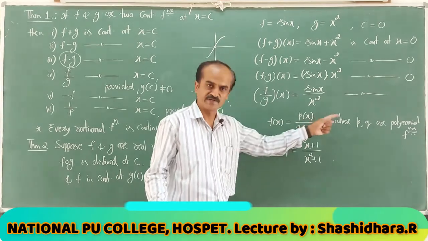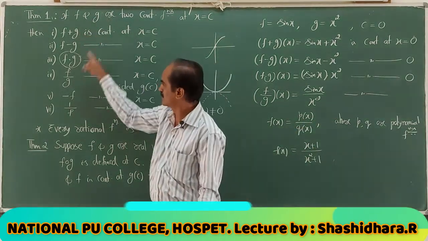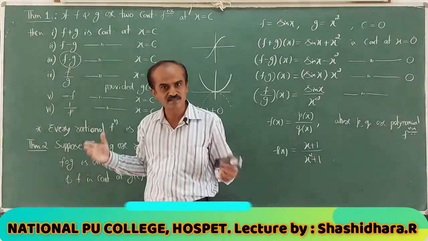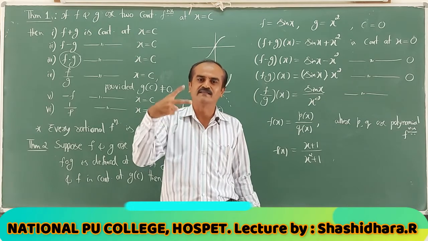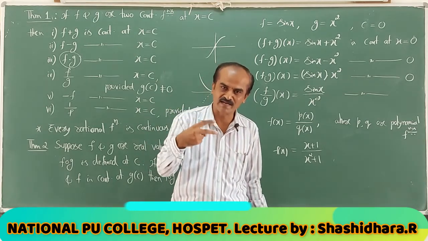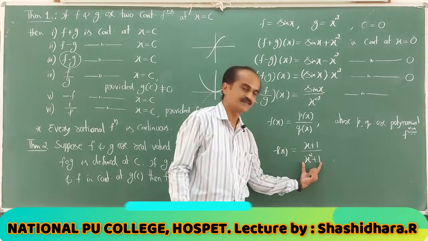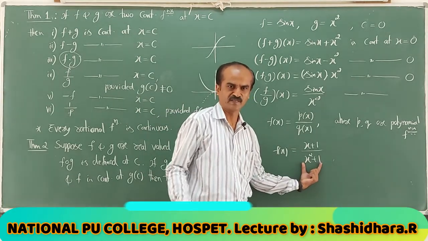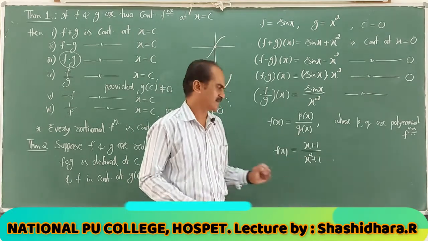So x plus 1 is continuous, x square plus 1 is continuous. If f and g are continuous, just now we said f by g is also continuous. As two polynomials are continuous, their quotient, nothing but a rational function, must also be continuous, provided the denominator is different from 0. In this case, x square plus 1 never becomes 0, therefore clearly it is continuous.